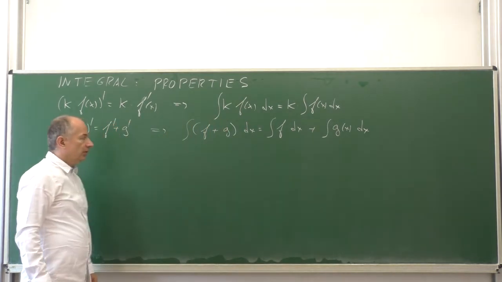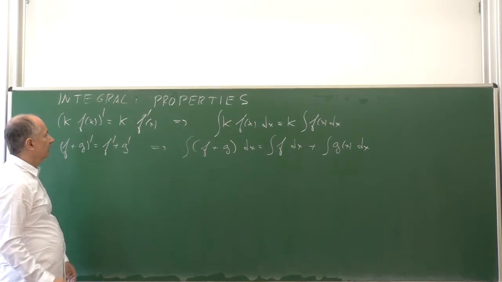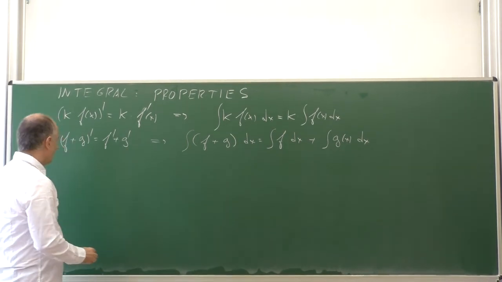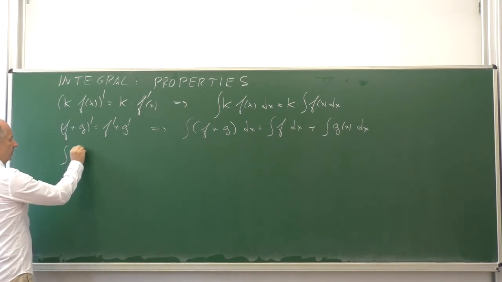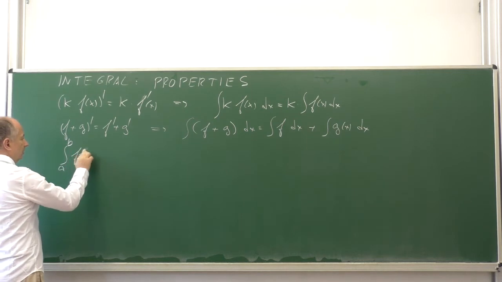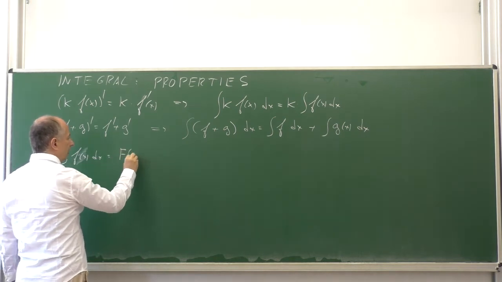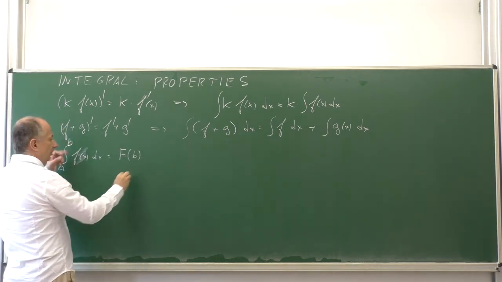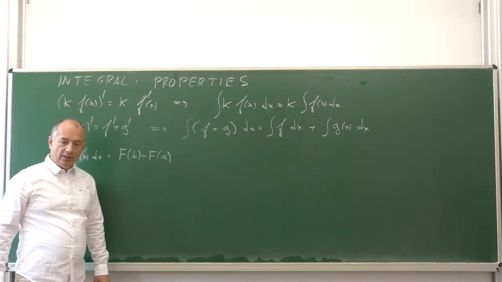So that was for the indefinite integral, and now what about the definite integral? If we remind what we mean by the definite integral from a to b of f of x dx, then this is the antiderivative capital F at b, the upper limit, minus the antiderivative at a.